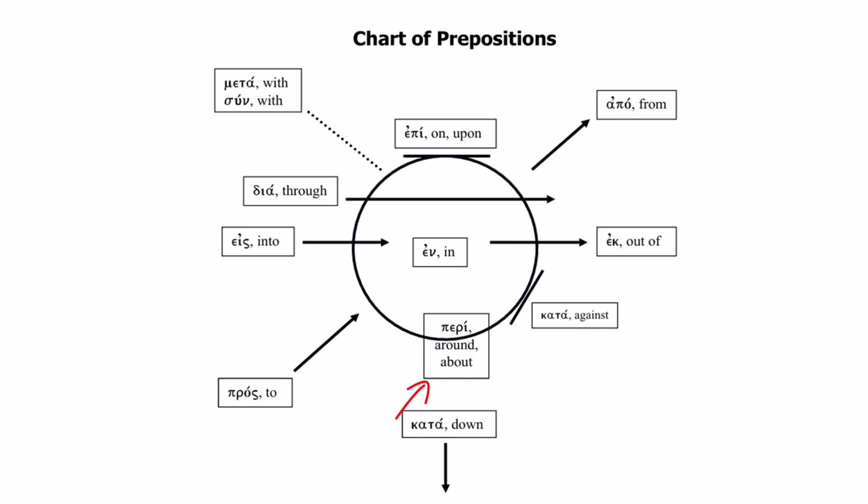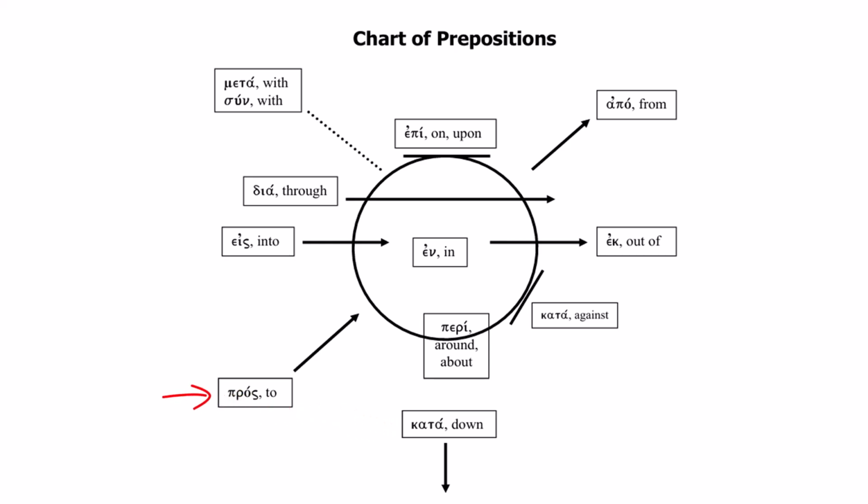And then you have the word kata again. Kata can mean against or it can mean down, depending on the context. As I said, the prepositions get their meaning from the case that is attached to them. But kata can mean two things: against or down.